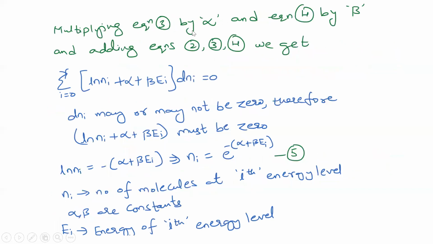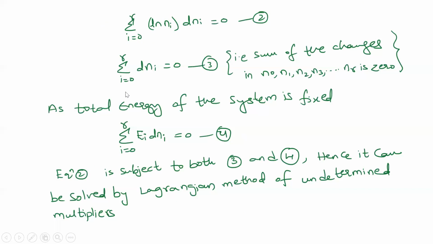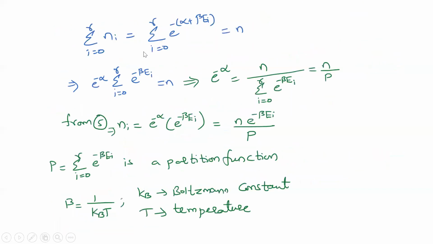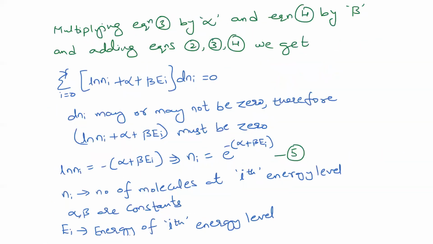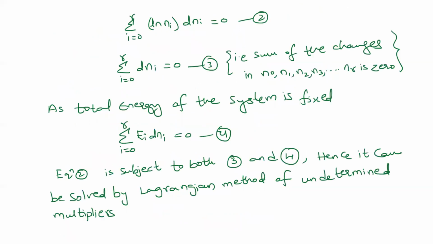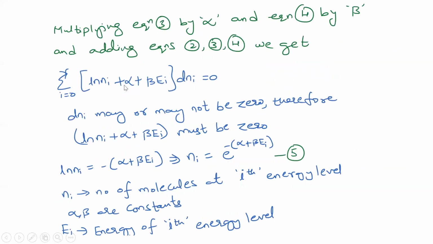So here, we multiply equation 3 by alpha and equation 4 by beta, and then add the second, third, and fourth equations.